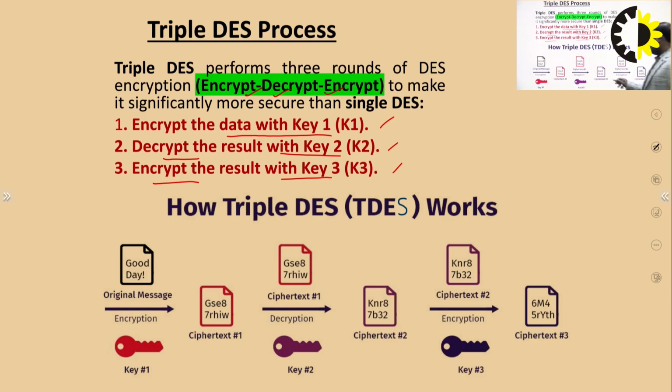Here decryption is performed, then again encryption is performed using key 3. So key 1, key 2, key 3, a 3-stage locking system, making it more secure. And then ciphertext 3. So this is the working of triple DES.